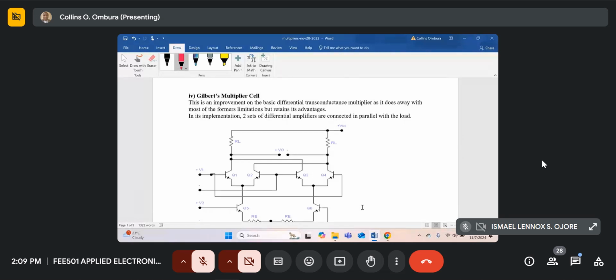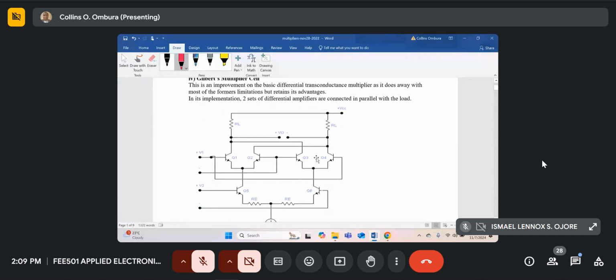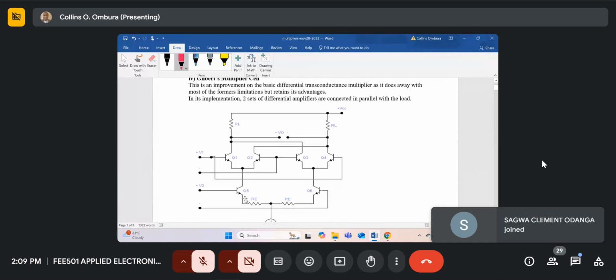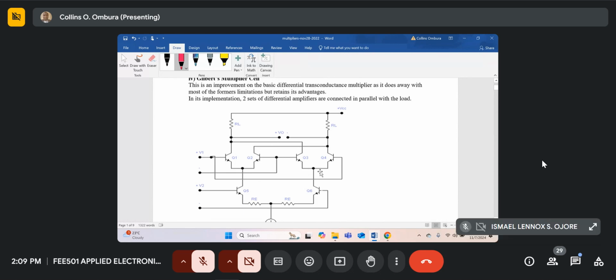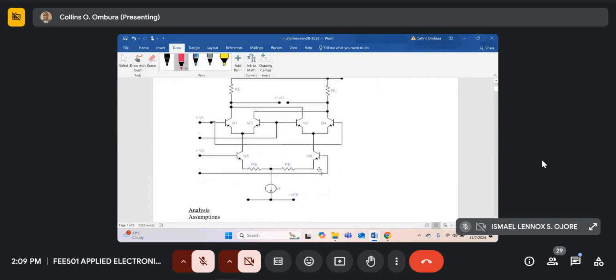Okay, we'll continue. In the last class, we wanted to show that this Gilbert's multiplier cell can multiply. We said it comprises two differential amplifiers in parallel forming the output, and another differential amplifier comprising Q5 and Q6 to vary the transconductance. So we did the analysis.